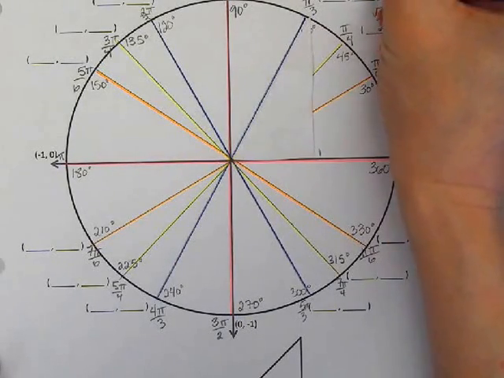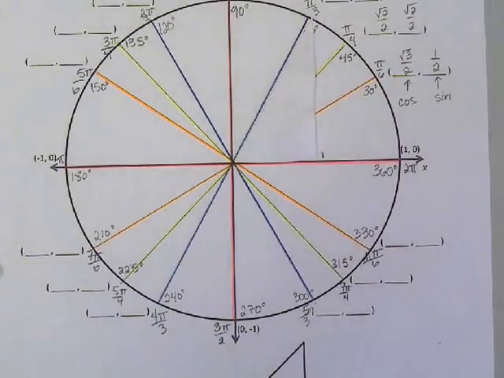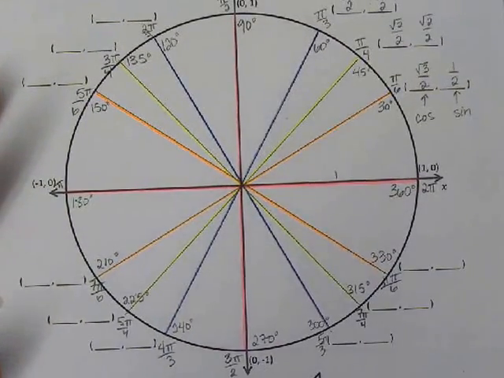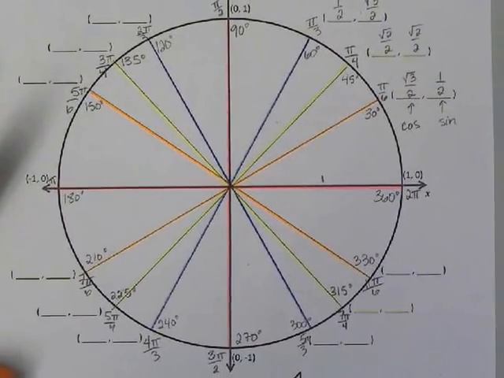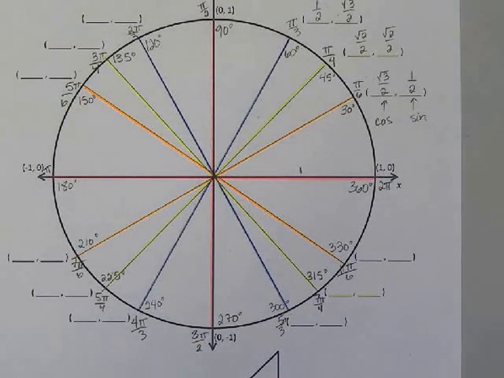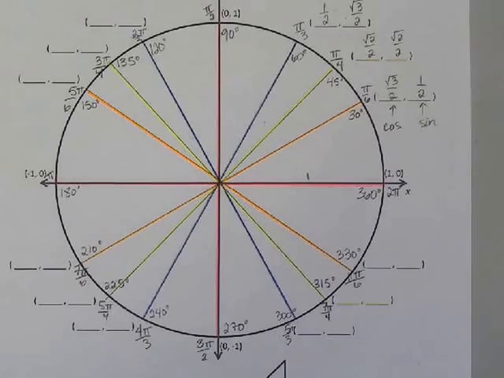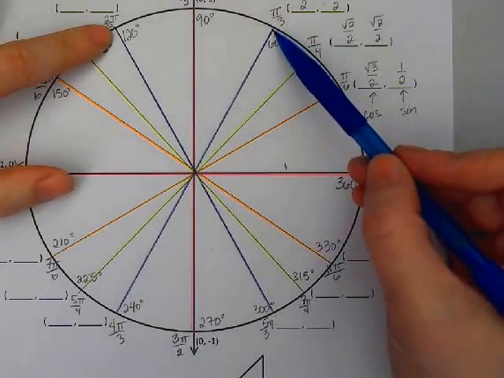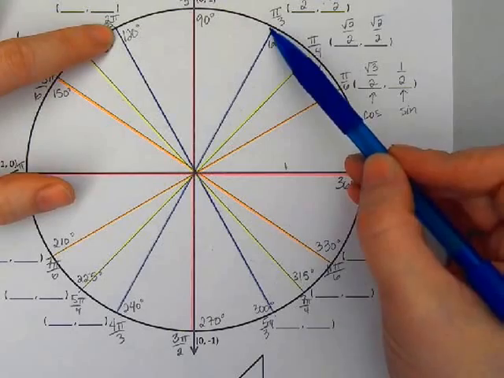For 45, all are going to be some version of rad 2 over 2, rad 2 over 2. Just watch the negatives. So negative rad 2 over 2, positive rad 2 over 2, negative rad 2 over 2, negative rad 2 over 2, positive rad 2 over 2, and negative rad 2 over 2.